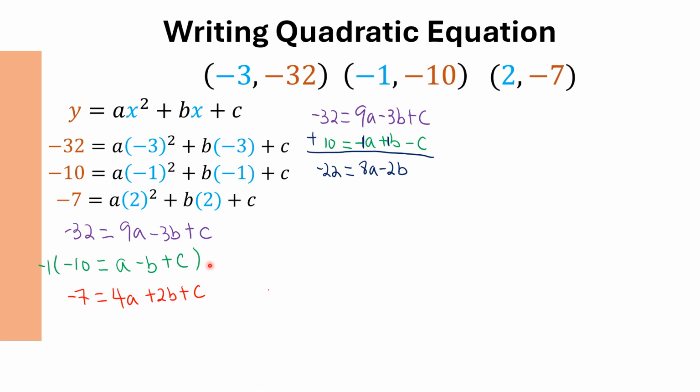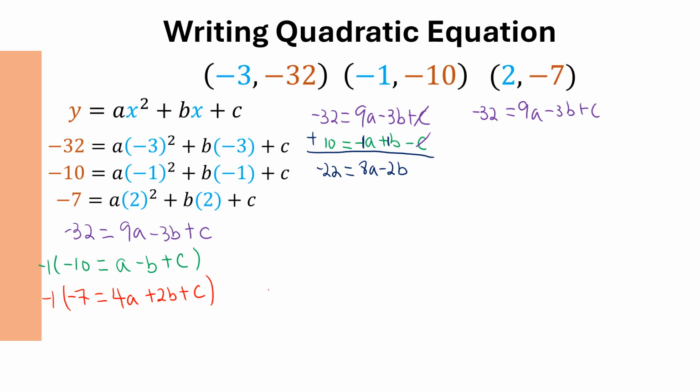And now you're going to pick another 2 equations, and you're going to eliminate the same variable, which is c, because positive c plus negative c is 0. So again, for the second equation, I'm going to multiply that by negative 1, so that c can become negative again. So the equation I'm using is the first one and the third equation. So what we have here is negative 32 equals 9a minus 3b plus c.